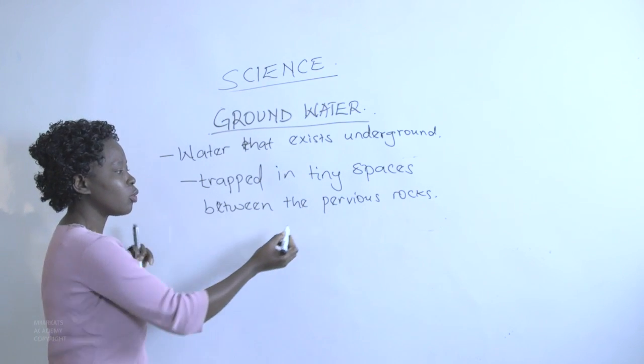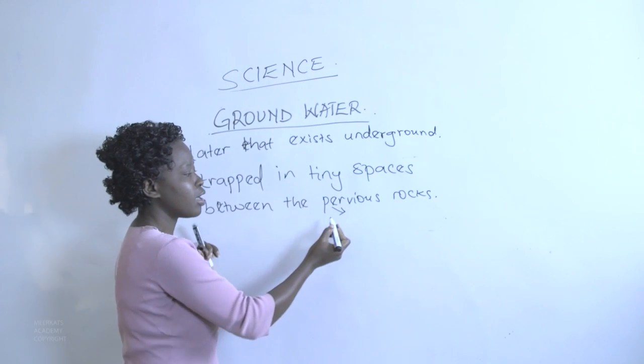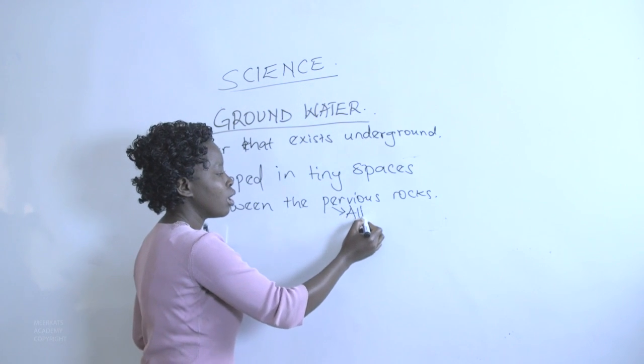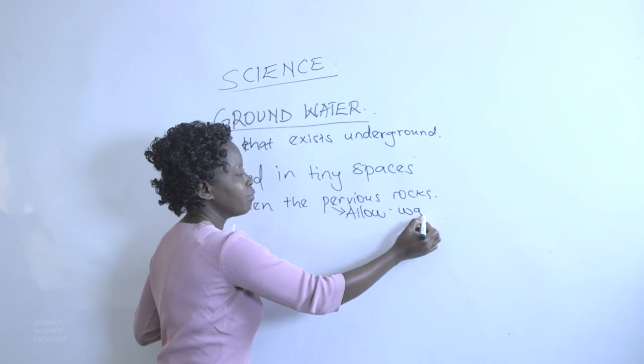It is important to know that we've defined a pervious rock as rocks that allow water to seep through them.